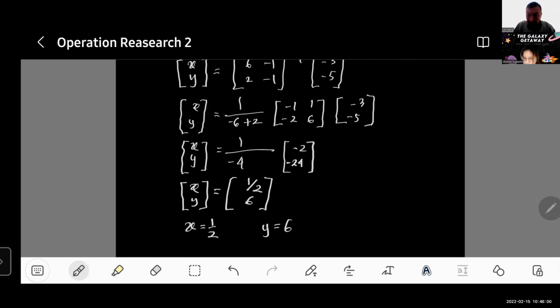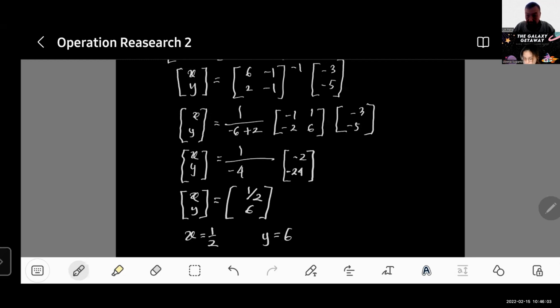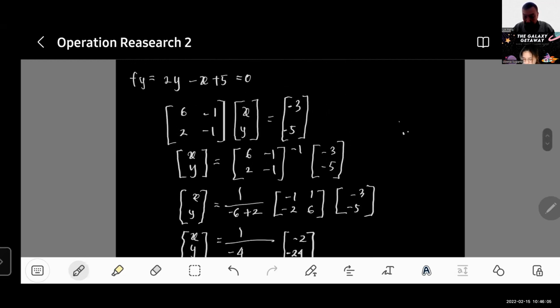So an inverse of this one. Supposed to be inverse.